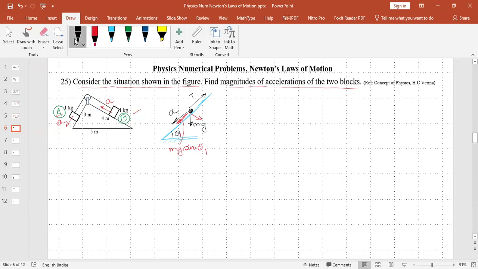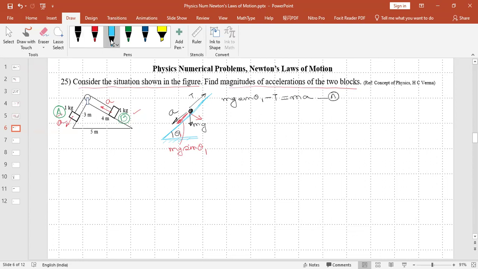So now apply the force equation. This is going downward. So the downward force mg sine theta 1 minus the inclined upward force T is equal to its mass m into acceleration A. This is one equation, equation A. Right?